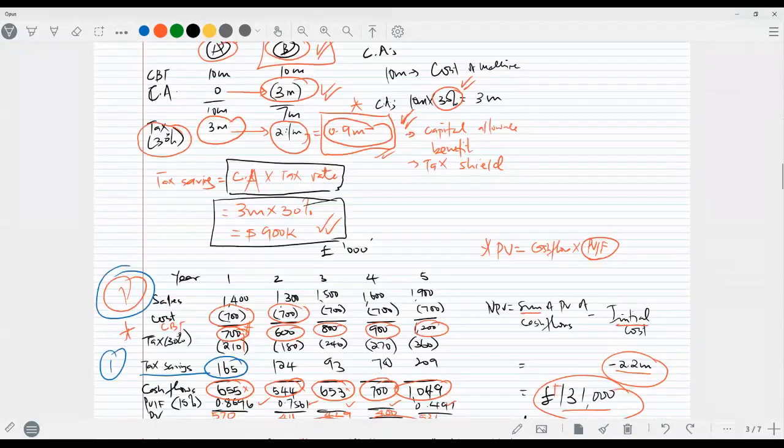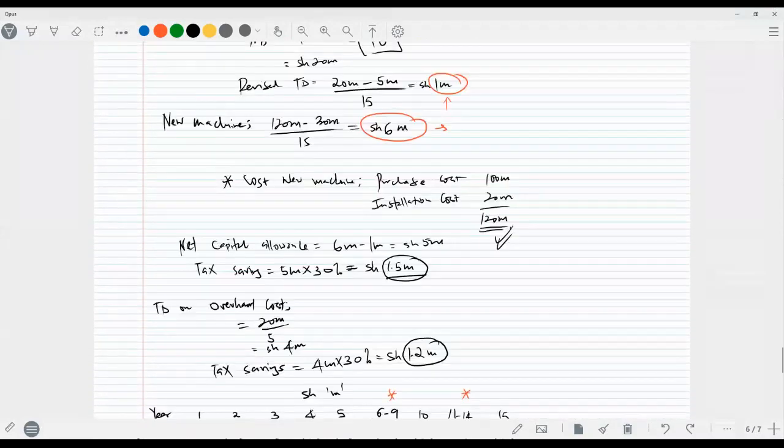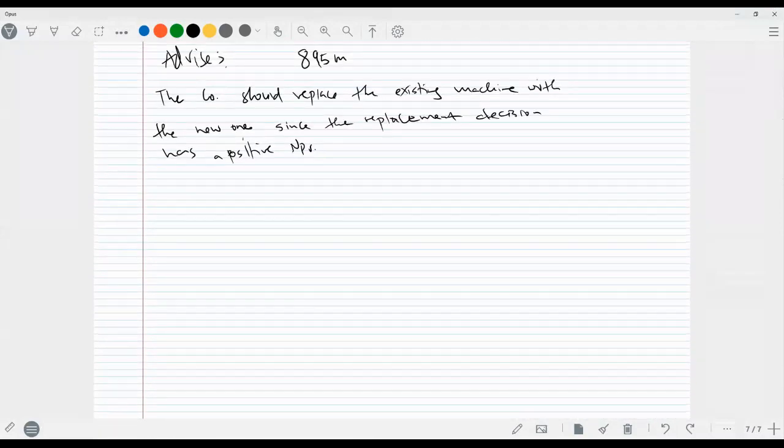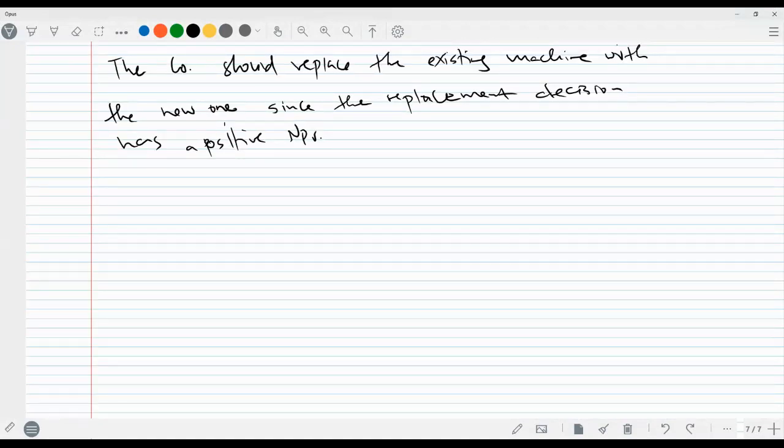So I want to attempt maybe the last one, then we discuss the next appraisal method, the use of the internal rate of return. So let me check for a question which we can use to conclude on the NPV method, the net present value method. So I'm going through the question back, trying to look for a question.